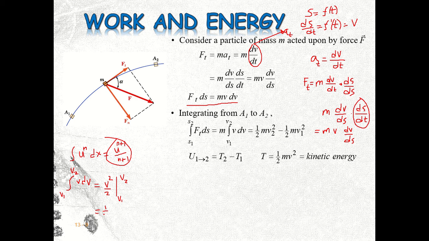1/2 times v, the upper limit. In this case we have mv, we have m here, the constant.